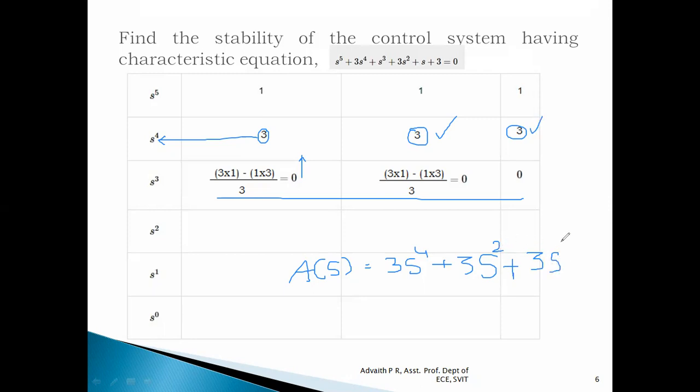We should not consider 1. We have to consider 0. S to the power of 0 is 1. So this will be equal to 3s to the power of 4 plus 3s square plus 3. So this is the auxiliary equation which we obtain.